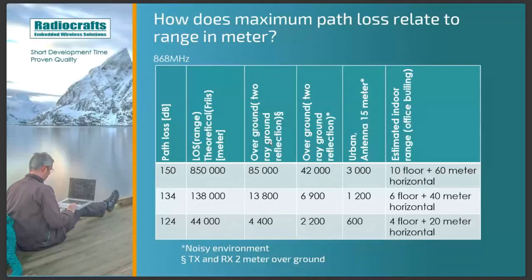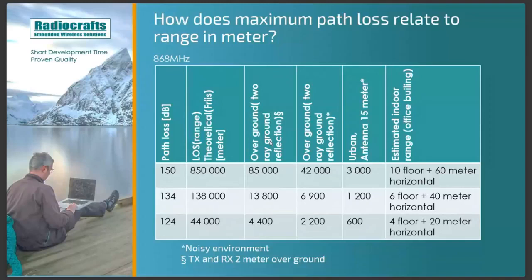If you look at a real overground test with antennas just placed 2 meters above ground, communicating over a completely flat surface, you will get like 1/10 of this range, which is a typical rule of thumb.